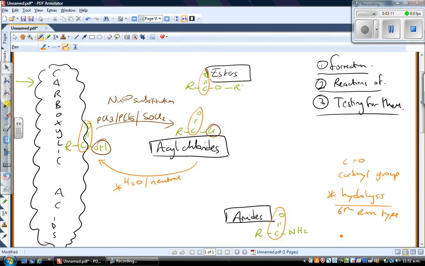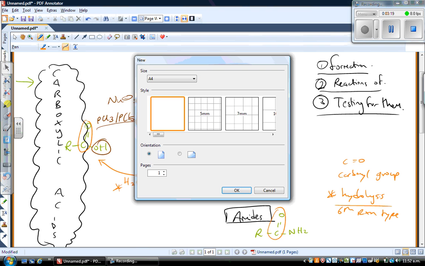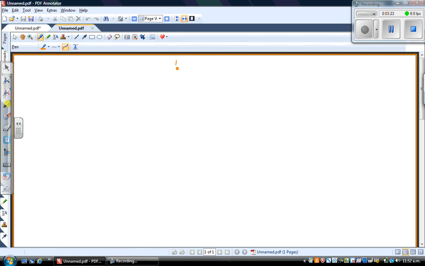So the next thing we want to look at will be each of these families individually. What I'm going to do now is create a new tab, and we'll talk about acyl chlorides. So family 1, acyl chlorides. The first thing we'll look at is their formation.